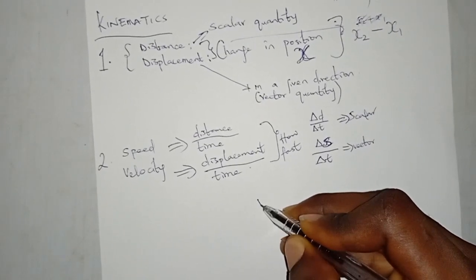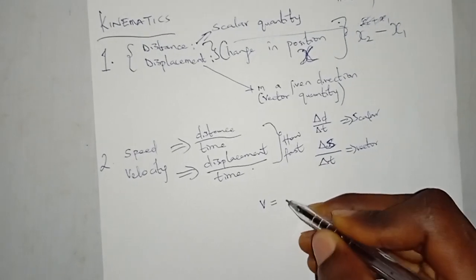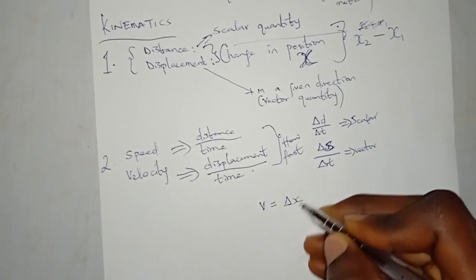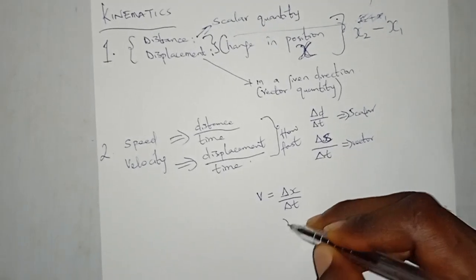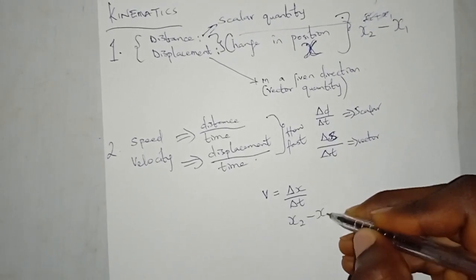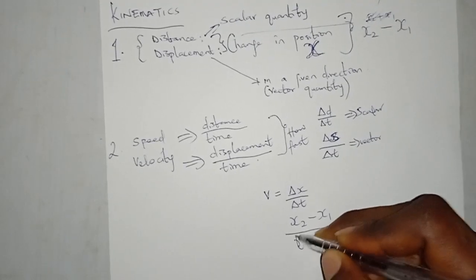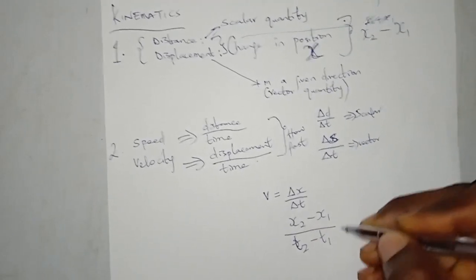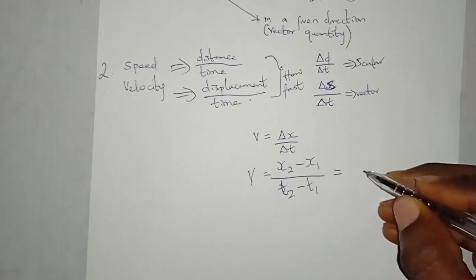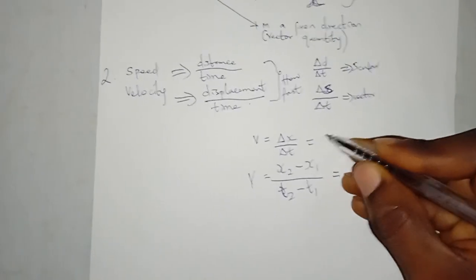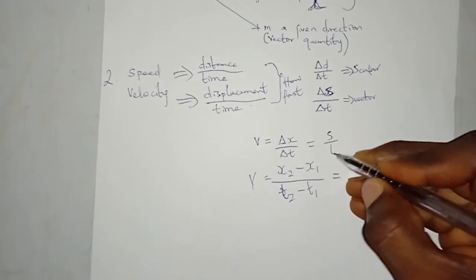Velocity is equal to delta x over delta t. And this is the same thing as saying x2 minus x1 all over t2 minus t1, which is also the same thing as saying s over t.